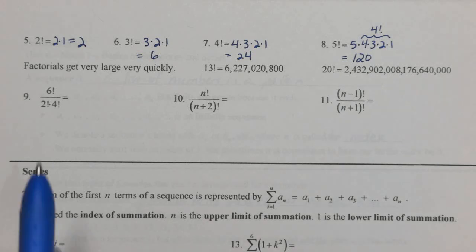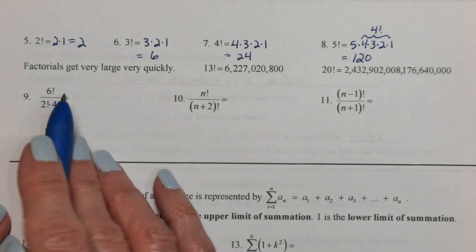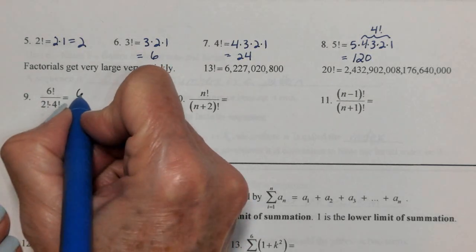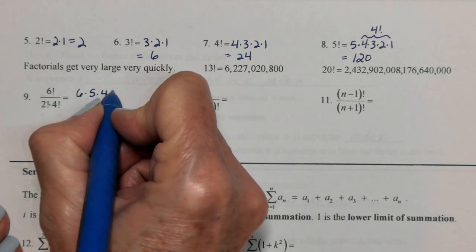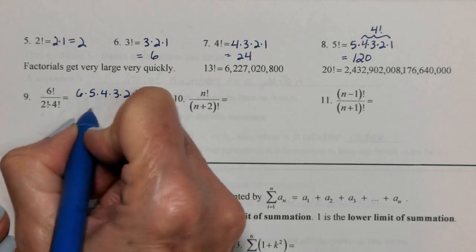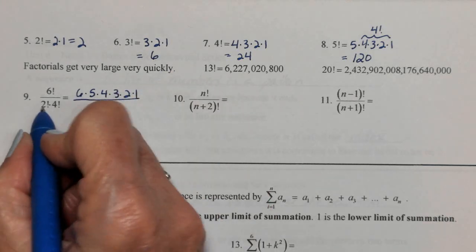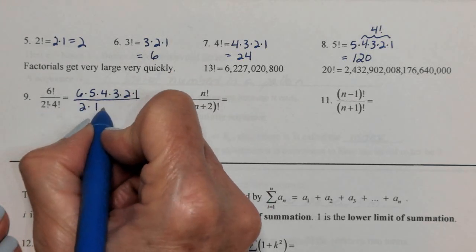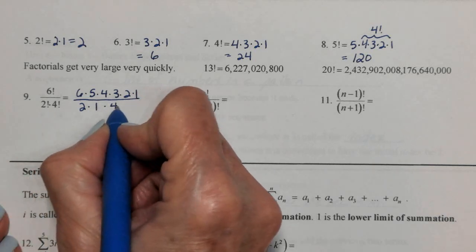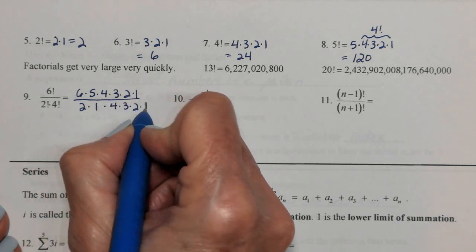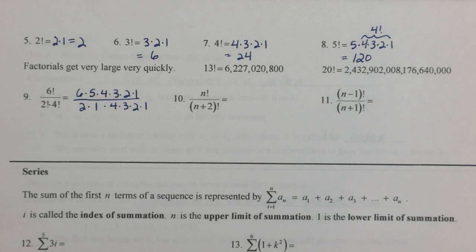Okay, let's do some computations here. 6 factorial is 6 times 5 times 4 times 3 times 2 times 1. 2 factorial is 2 times 1. 4 factorial is 4 times 3 times 2 times 1. How does this reduce?